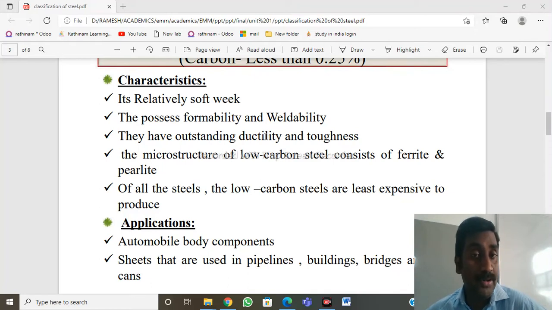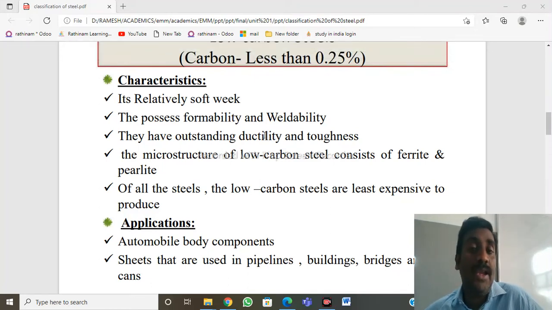Ductility means we can change it into any kind of shape, and this ductile property is one of the important parameters in mechanical engineering design. The microstructure of low carbon steels consists of ferrite and pearlite only. Ferrite means nearly 99 percent iron, with less than 0.25 percent carbon.